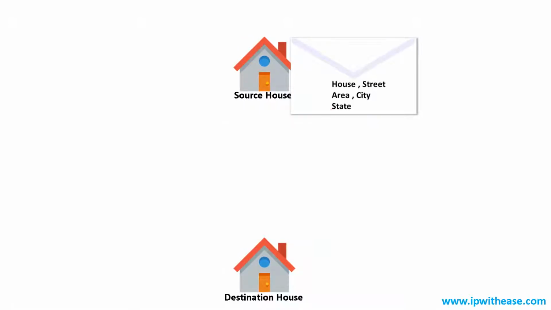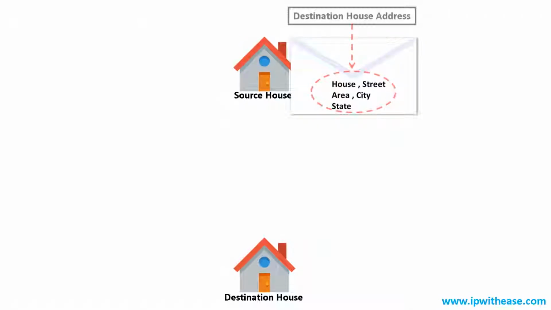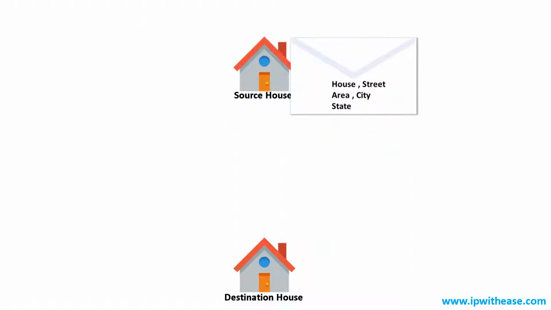In this case, the letter envelope will have the destination address in the format of house, street, area, city, and then state. Now, since the destination address is clearly available, the mailing system will deliver the letter to the right destination address. The transfer of the letter from source house to destination house is only possible since the destination house address was available.